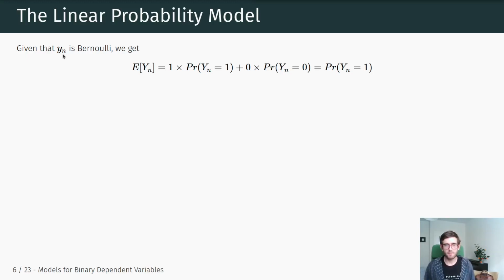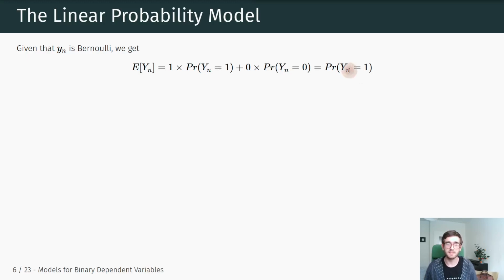Okay, what is the conditional average, or what is the average of such a dichotomous outcome measure? Well, if we look at the expectation of a Bernoulli random variable, all we have to do is multiply the probability of y_n being equal to 1 times 1 plus 0 times the probability of y_n being equal to 0, okay?